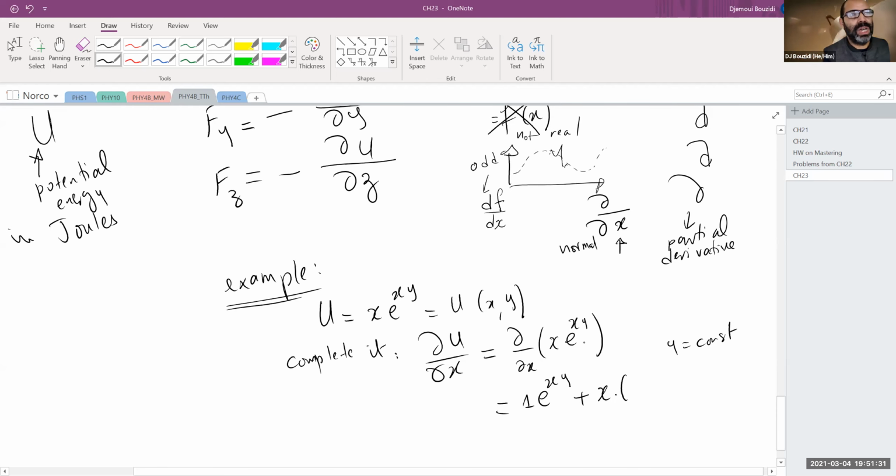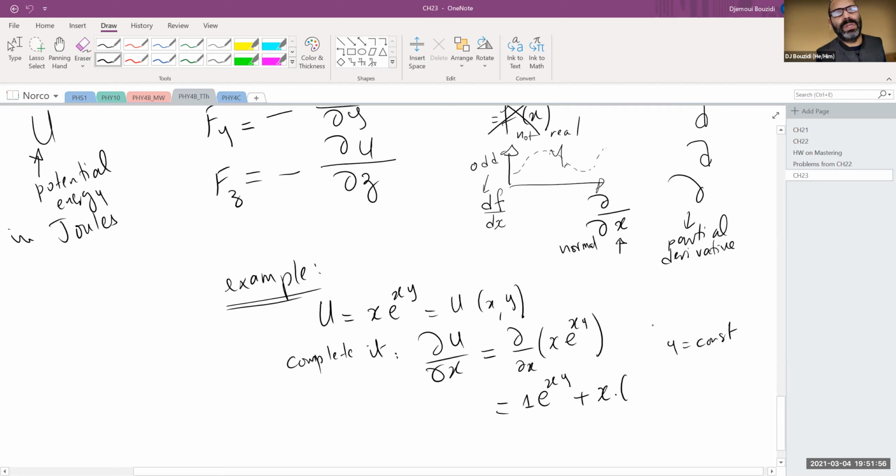What is the derivative of exponential xy with respect to x? Stuff from calculus, this one has nothing to do with physics. What should I do? I'm taking the derivative. Think of this one as any number, a, for example, exponential of ax.